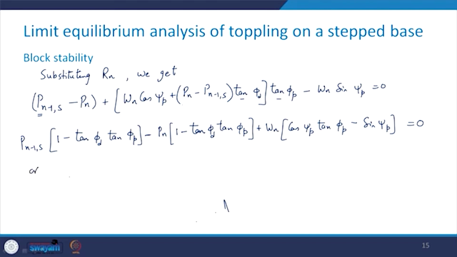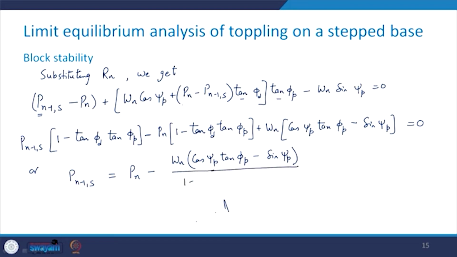Or we can write here Pn minus 1 comma s is equal to Pn minus Wn cos psi p tan phi p minus sin psi p, divided by this term, that is 1 minus tan phi d tan phi p.